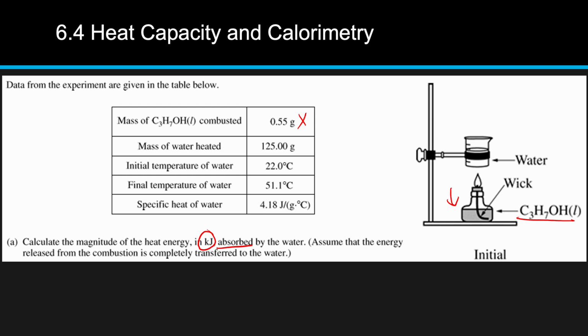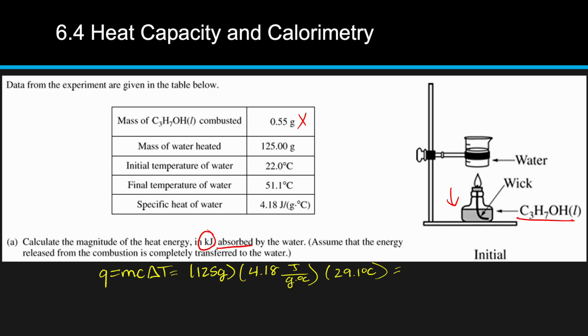So now that we know that, let's go ahead and calculate Q, or the heat energy that is absorbed by the water. For this specific question, we only have the mass of water, which is 125 grams. Then we have the specific heat of water, which is 4.18. And then we have our change in temperature, which is going from 22 to 51.1, so that's going to be 29.1 degrees Celsius.